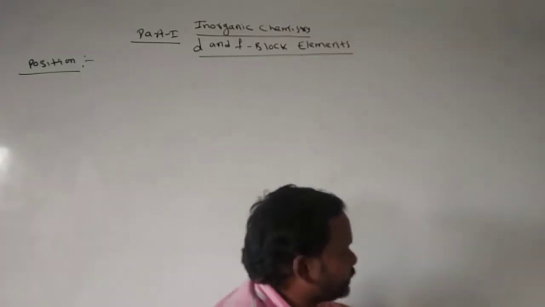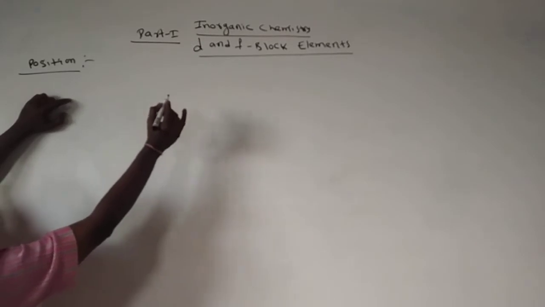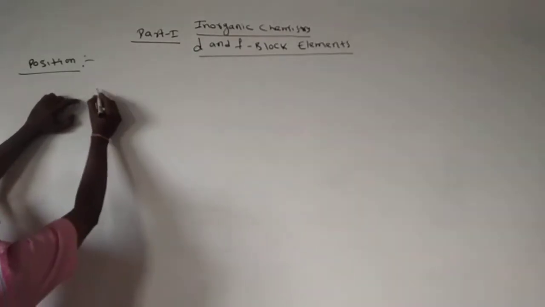Here I want to draw the skeletal structure of the periodic table, just to show the position of D and F block elements in the periodic table.